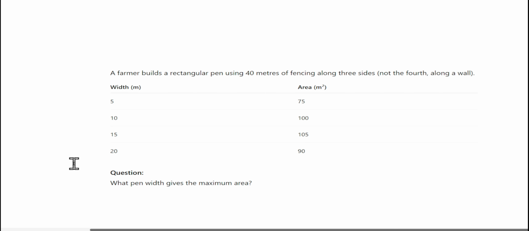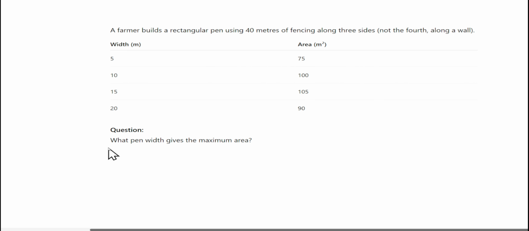Okay. A farmer builds a rectangular pen using 40 meters of fencing along 3 sides, not the 4th wall, along a wall. Okay. What width gives the maximum area?